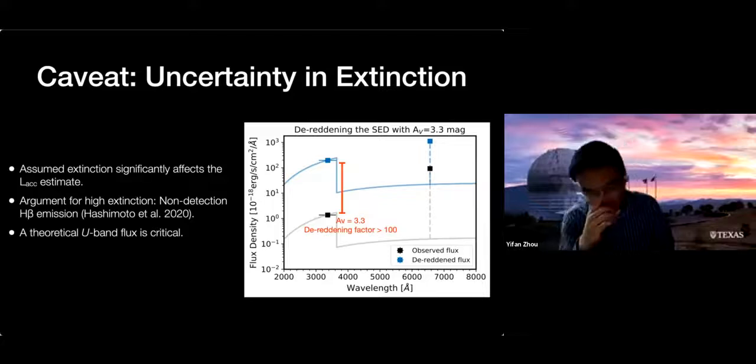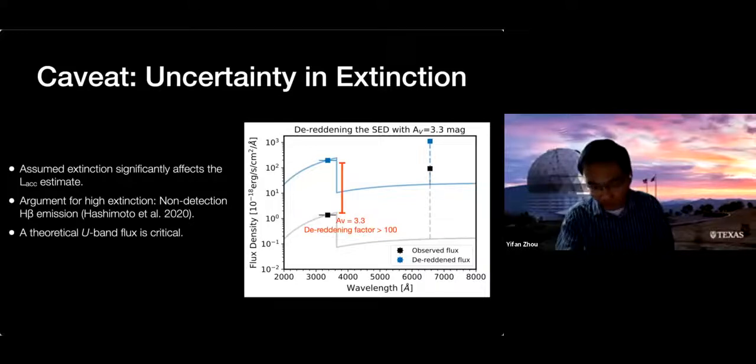There have been arguments for high extinction for the planet. It's mostly coming from the non-detection of H-beta lines from the planet, which relies on a theoretical line ratio between the H-beta and the H-alpha.